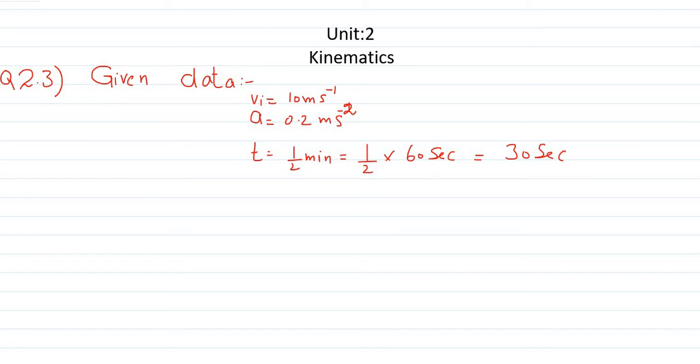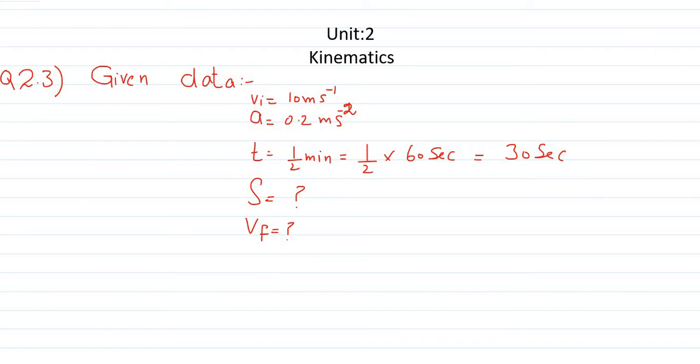And we have to find in this question s, the distance, and the final velocity of a car. First of all, you know that we can find it with equations of motion.